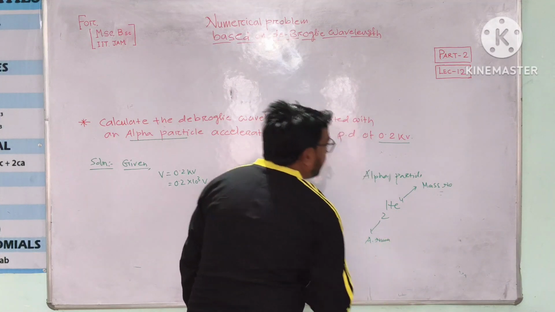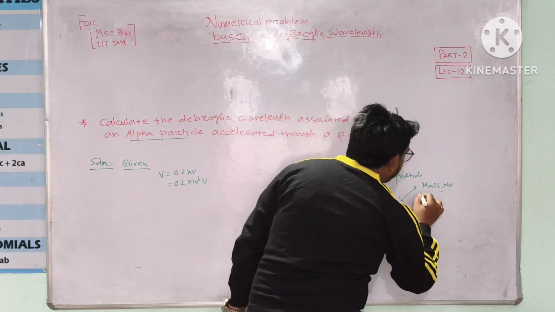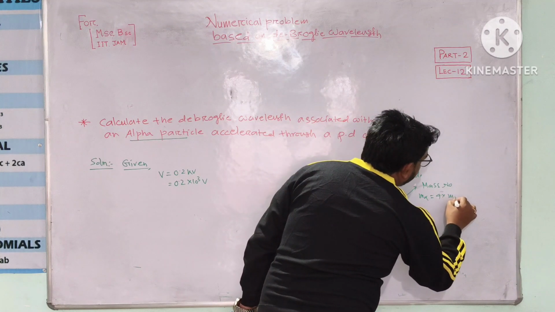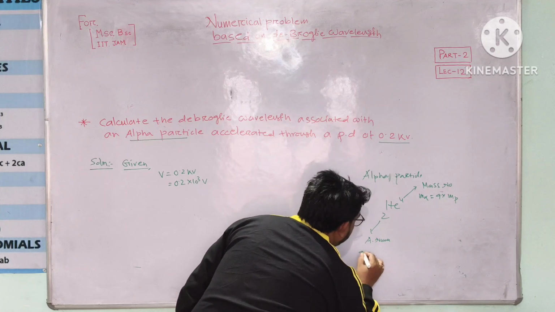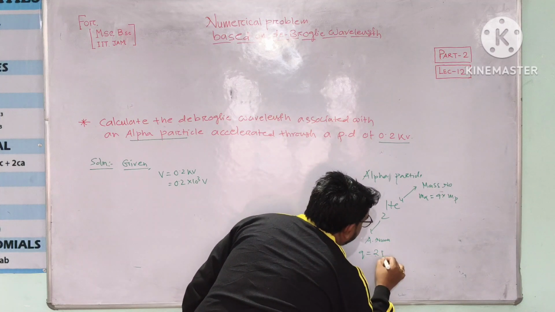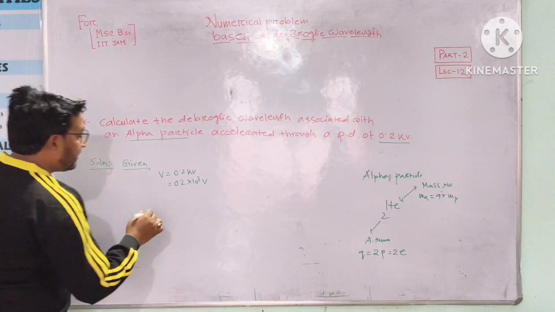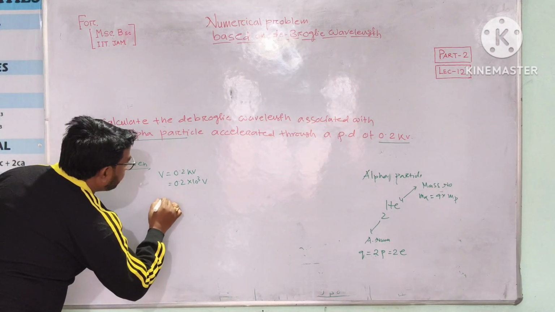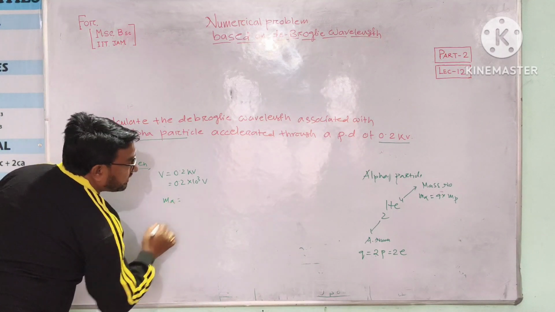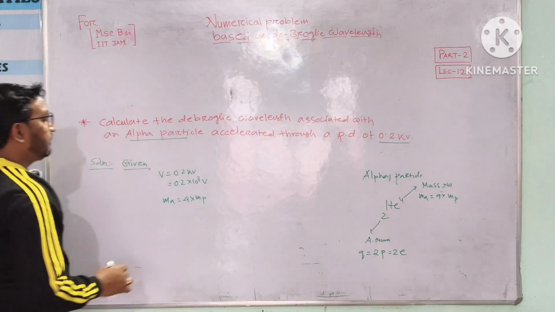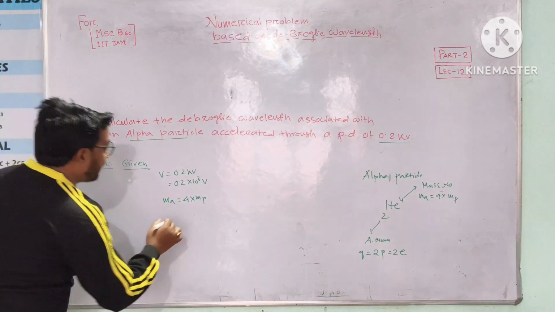So we can write m alpha equal 4 times the mass of proton, and charge q equal 2 into e.